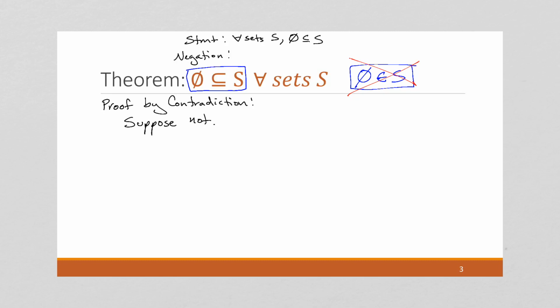So the negation is, remember, if you take the negation of a universal conditional statement, it becomes existential. So there exists a set, let's call it S prime, such that the empty set is not a subset of S prime. All right, so these are the statement and the negation. Let's separate that.